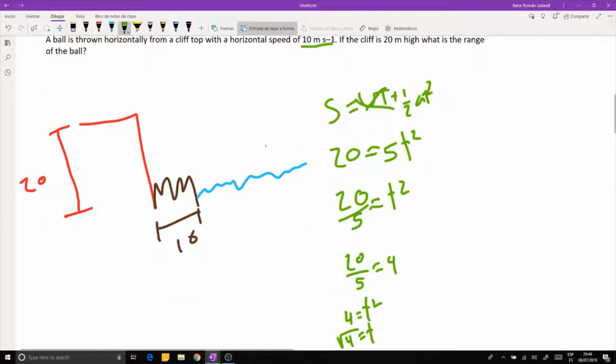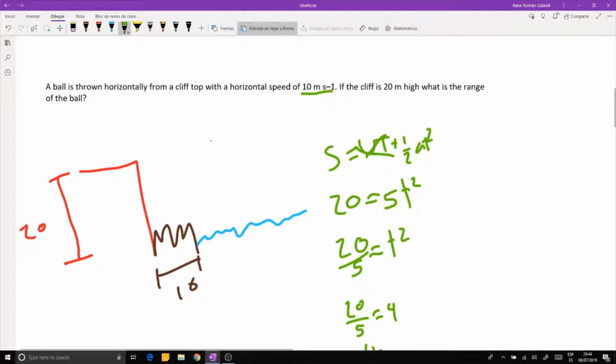So next, with this time, we figure out how much horizontal distance we would go. Like here we have our ball, would the path be going and falling on the rocks, or will it be enough to just get to the ocean?